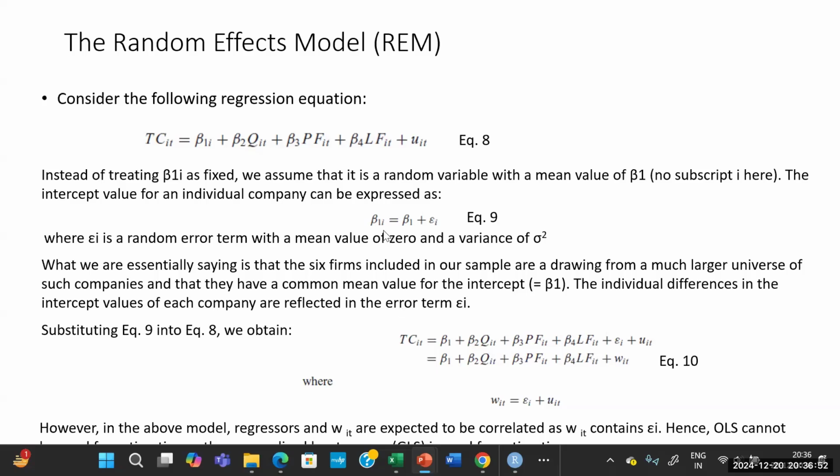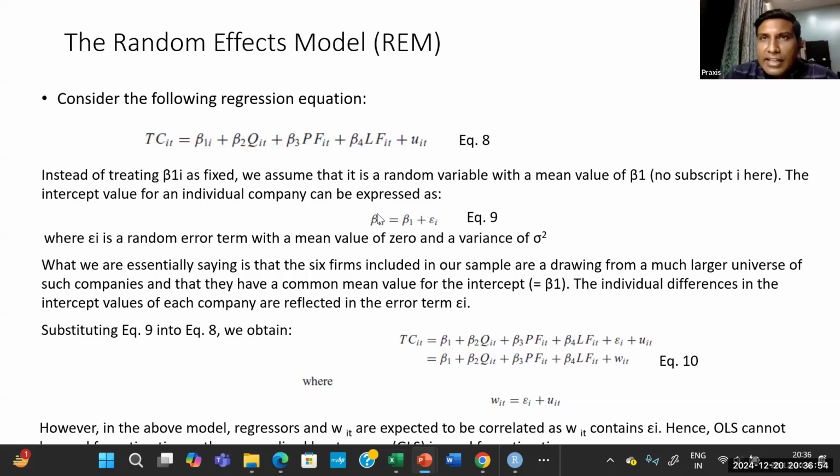So that is what I'm saying: the individual company-specific effect is the sum of one mean, which is common for all the individuals, plus the slight difference that one individual has from another individual.